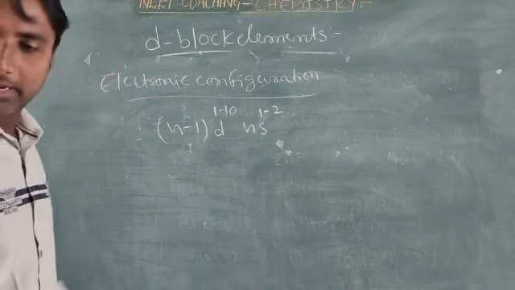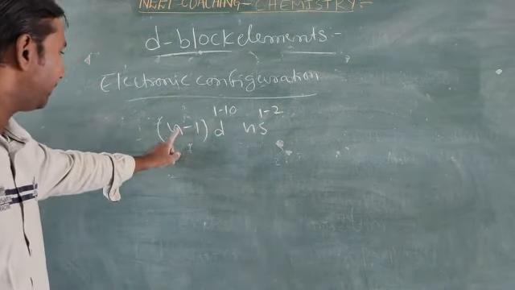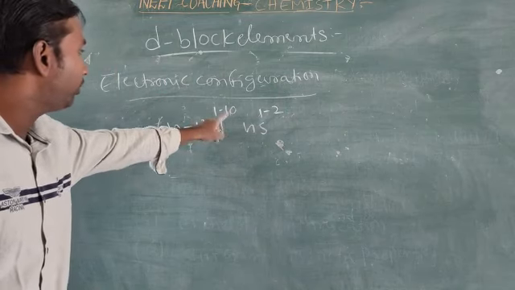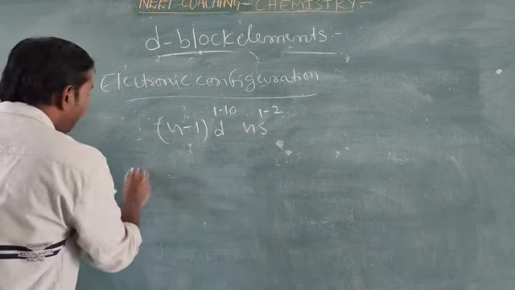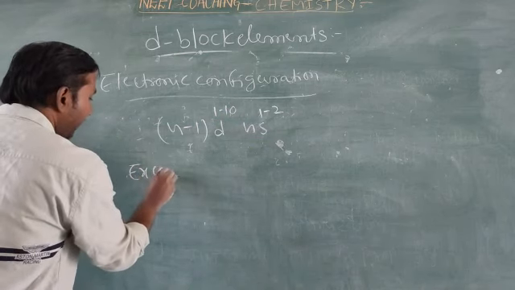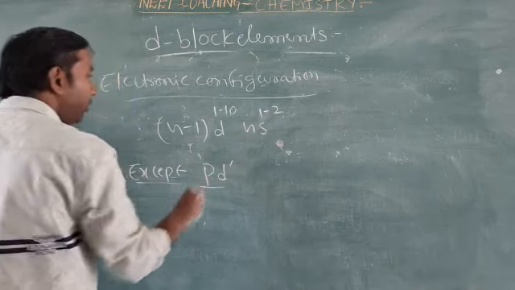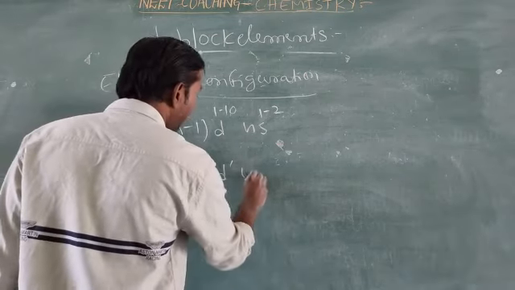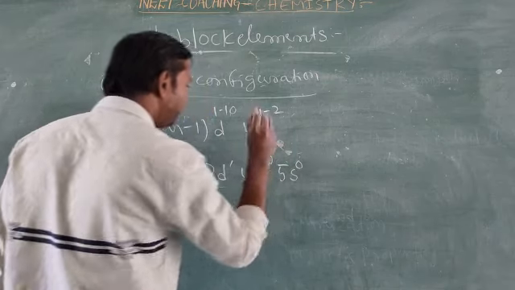This is the general electronic configuration of d block elements, except palladium. Palladium's configuration is 4d10 5s0.